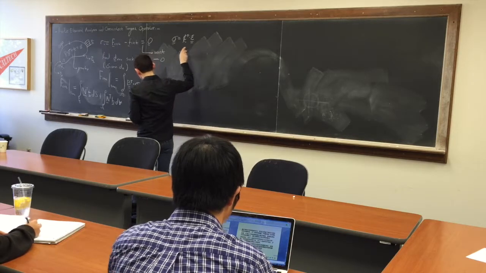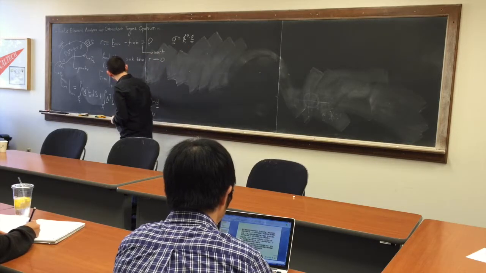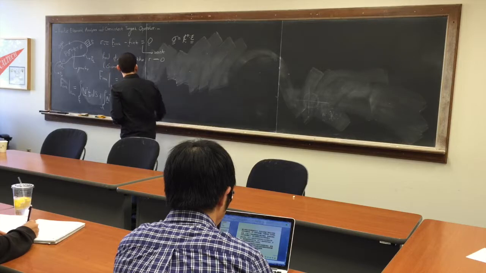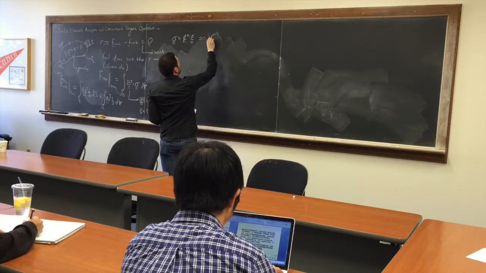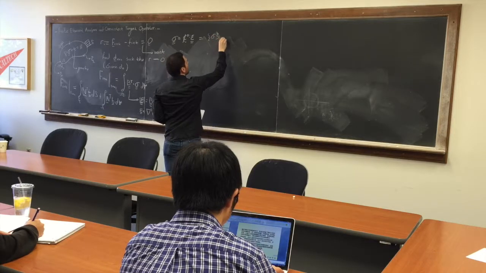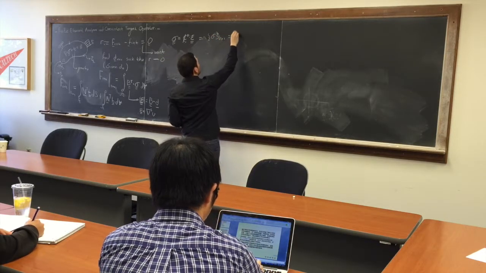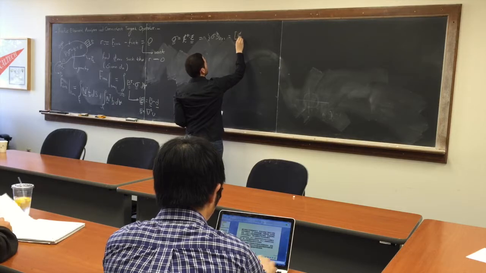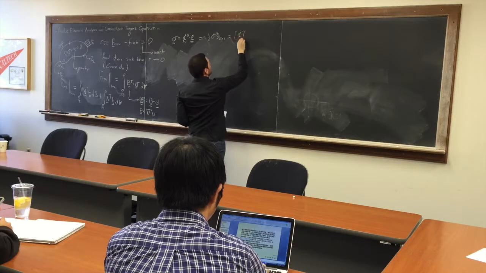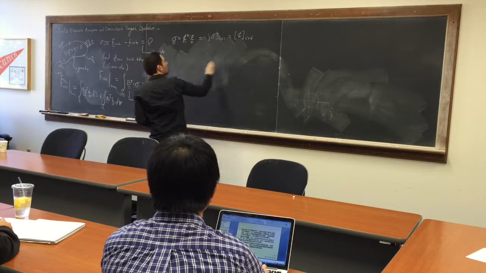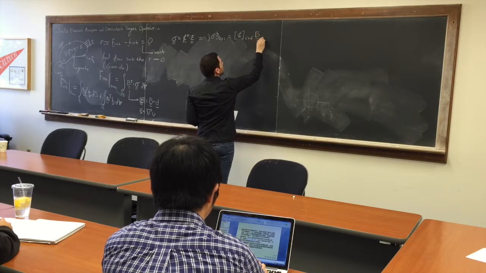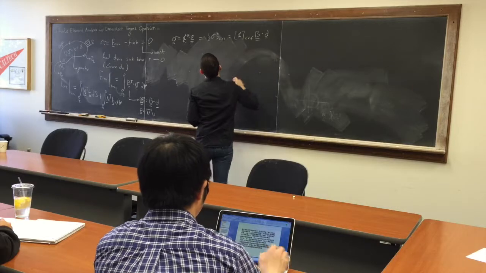But we can interpolate the strain, so we can write it as a vector, 6 times 1, equal to a matrix, 6 times 6, times this B, the displacement.